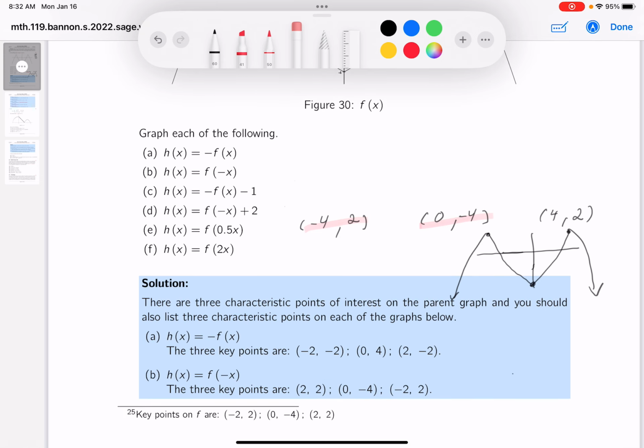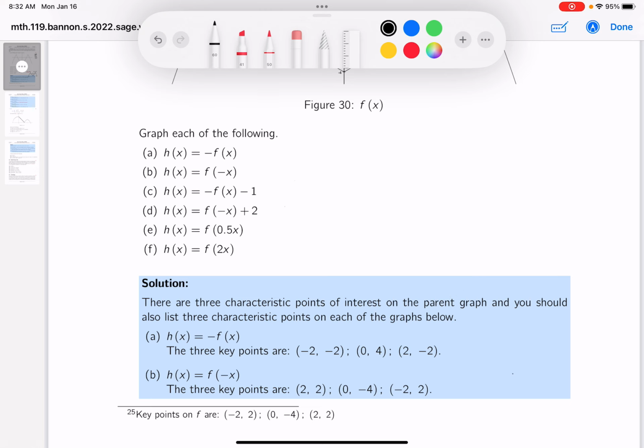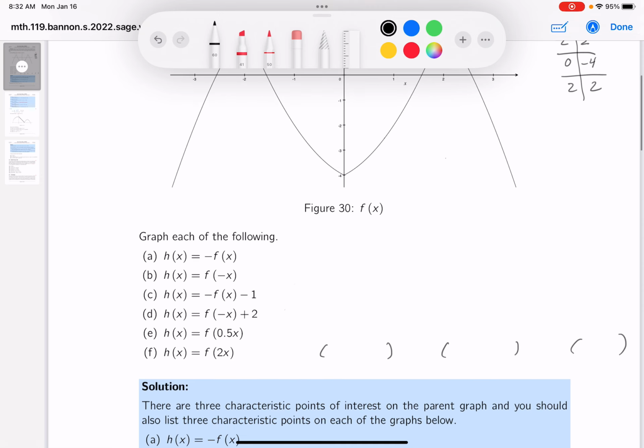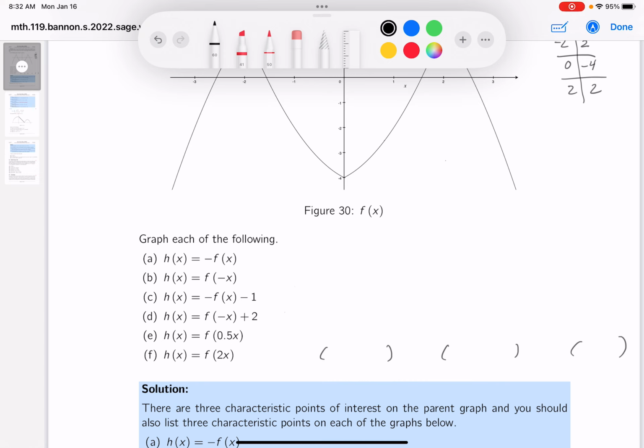Now let's go to F. F should be fairly easy to do. To erase this. And what do we got over here? We got, again, our characteristic points, by the way. And again, I want to point out there's really nothing happening to the function's values. It's still going to be 2, minus 4, and 2.